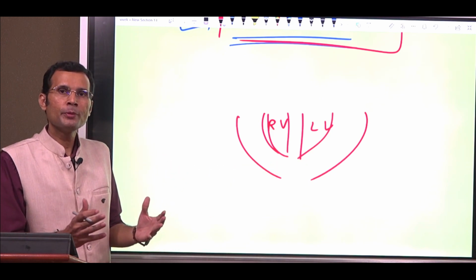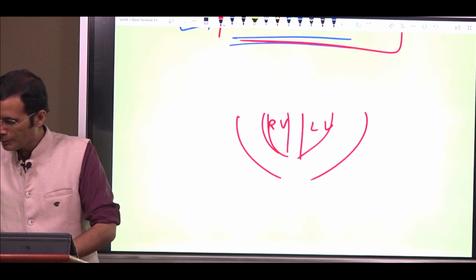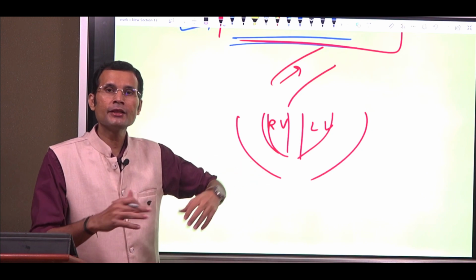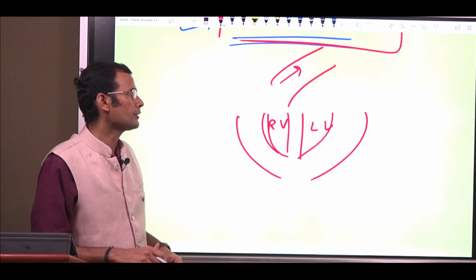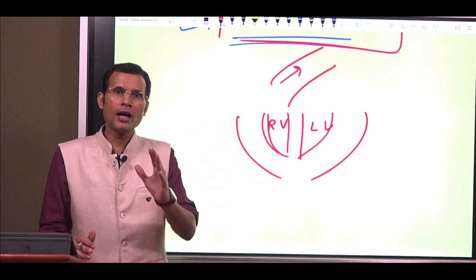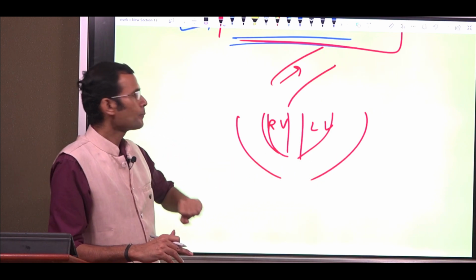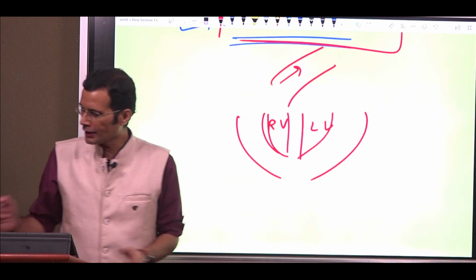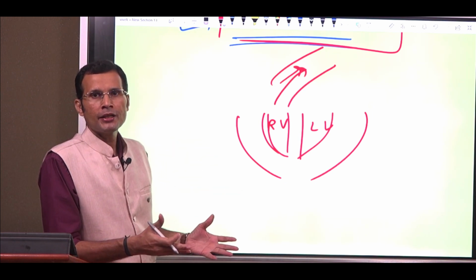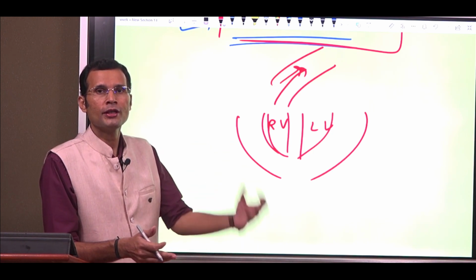The right ventricular pressures will be reflected in the pulmonary artery, and left ventricular pressures will be reflected in the aorta and systemic arteries. So, since right ventricular pressures are 1/5 of the left ventricular pressure, even the pulmonary artery, which is arising from the right ventricle itself, will have low pressure and low resistance.